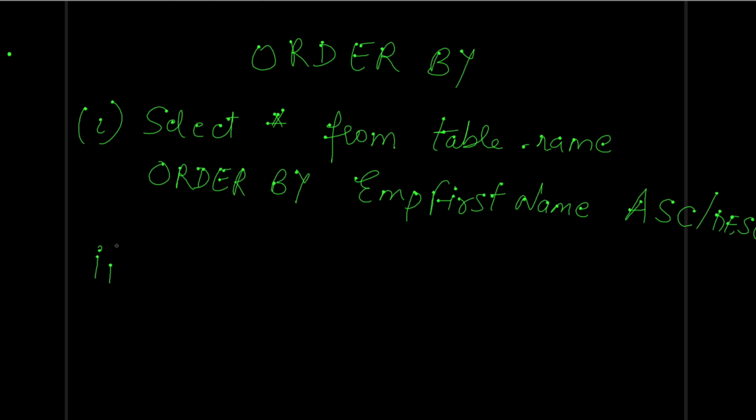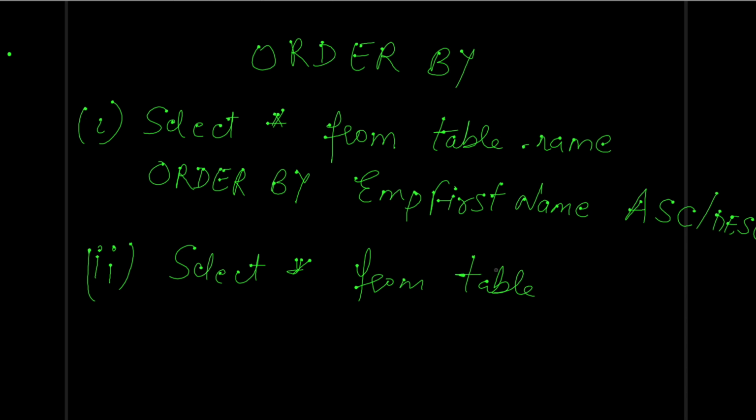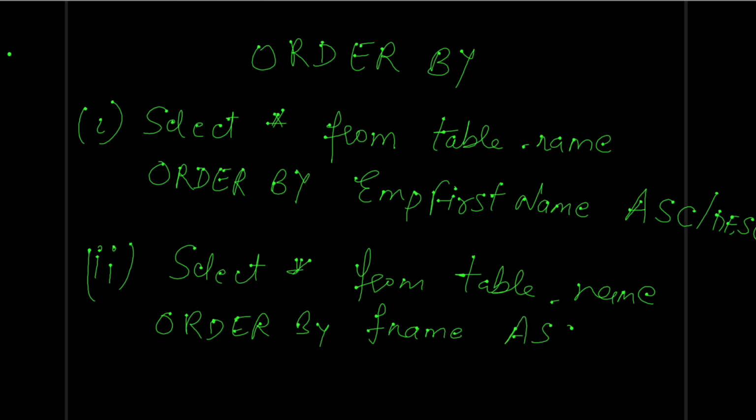There is one more thing in order by clause. If you want to sort the data based on multiple columns, you can also do that in the same way. Just select star from table name, and then simply you need to write order by, and then your first column, for example it is first name in the ascending order and then last name in the descending order.